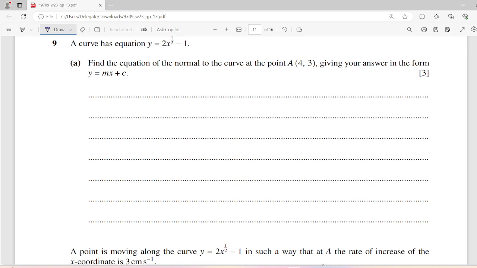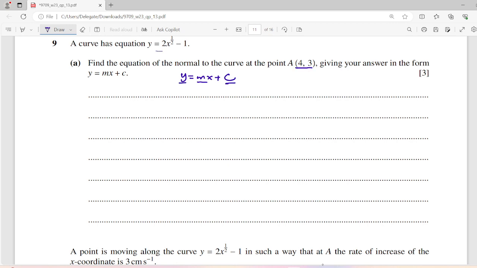So here, question 9, we are asked for the equation of the normal. A normal is a straight line, meaning it is in the form y equals mx plus c, where m is the gradient, and c we shall be able to get because we have a point. But how do we get the gradient?